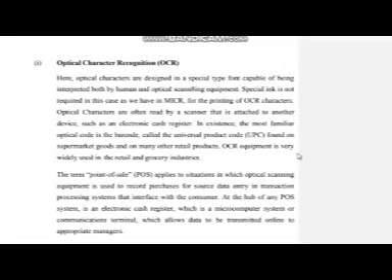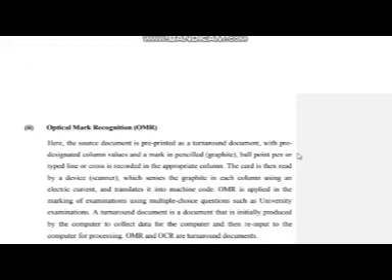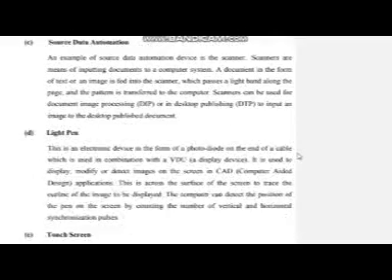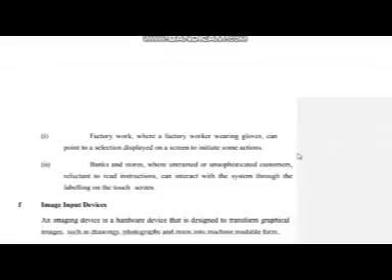The input devices that use optical phenomena include optical character recognition, OCR, optical mark recognition, OMR, source data automation, light pen, touch screen. Let's just keep all this image input device. You can write that down. Let me scroll up to see.